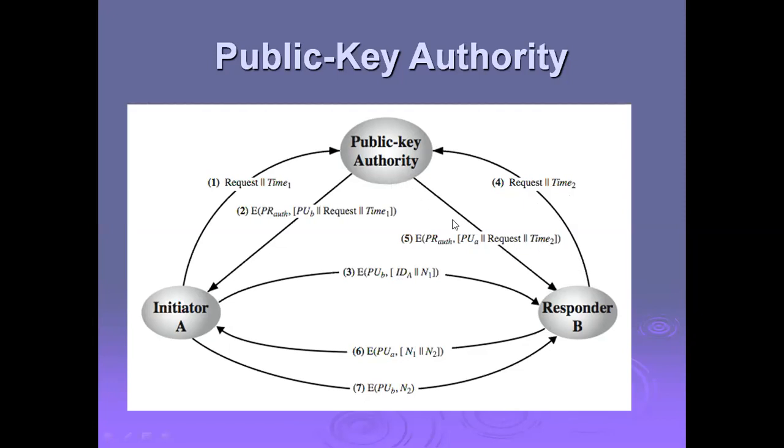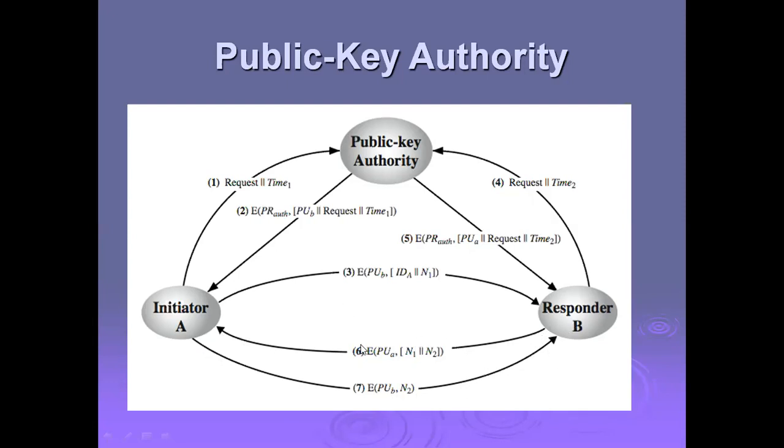Once again the public key authority gives access rights and authentication. Then the responder communicates in the sixth step: encryption with the public key of A of N1 and N2. After getting approval from the public key authority, the initiator sends a message, encryption with the public key of B of N2, to the responder.